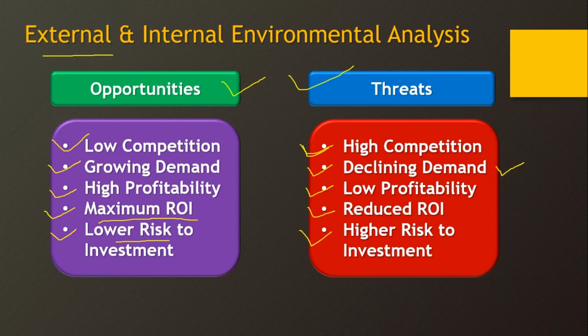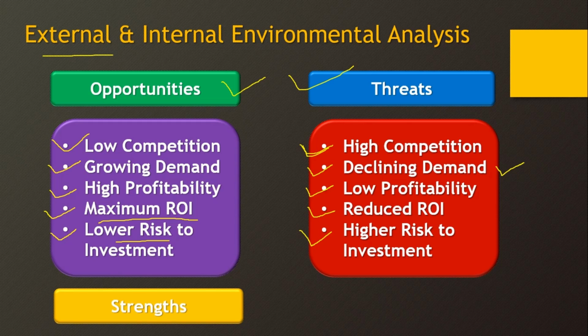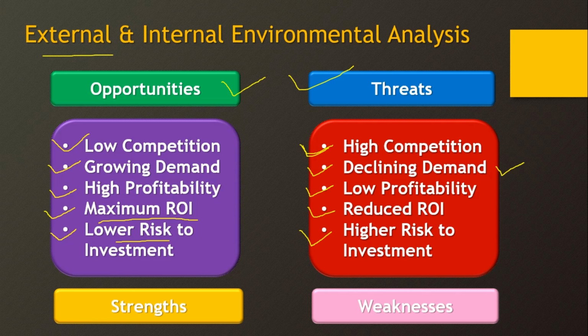If the organizations want to grab these opportunities, the organizations are required to have strengths. So that with the available strengths, which are based on the resources present in the organization, organizations are able to grab the opportunities which are present in the external environment. Or else, if weaknesses are available within the organization, then definitely the threats which are present in the external environment will affect the strategic position of the organizations.